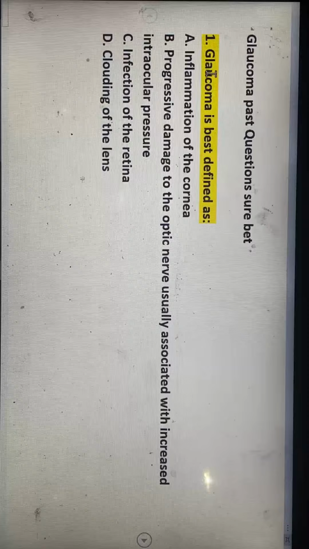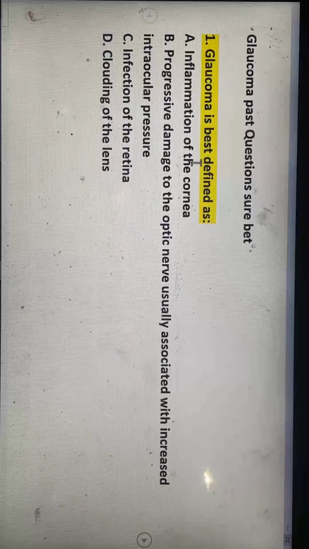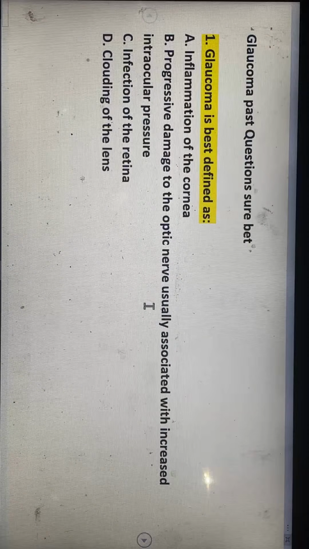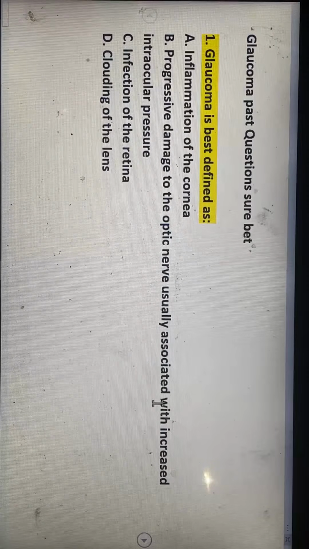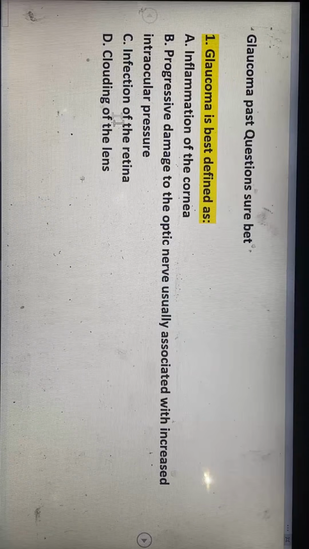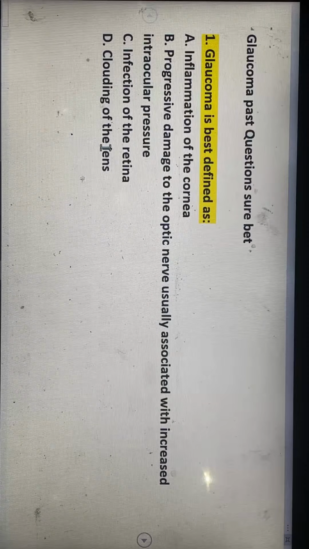So, number one, glaucoma is best defined as A. Inflammation of the cornea, B. Progressive damage of the optic nerve, usually associated with increased intraocular pressure, C. Infection of the retina, and D. Clouding of the lens. So, like I said, it will be fast.